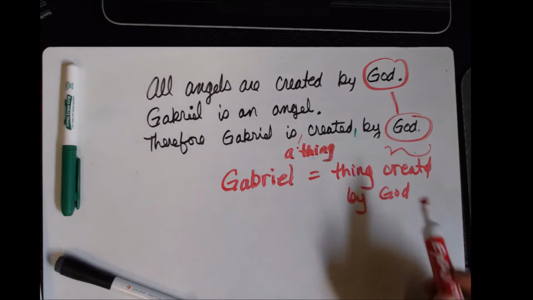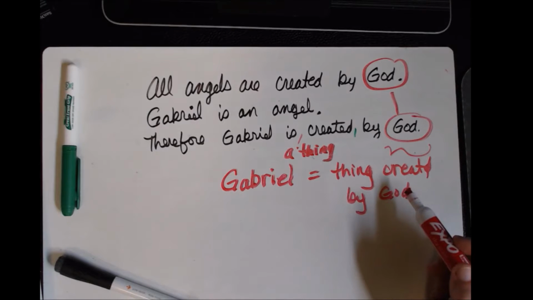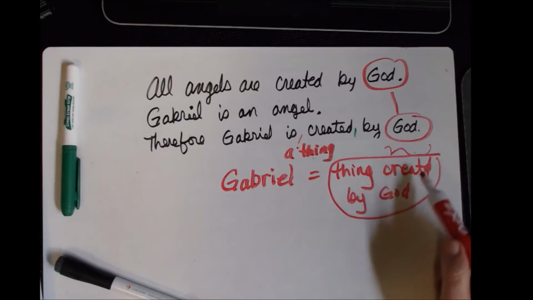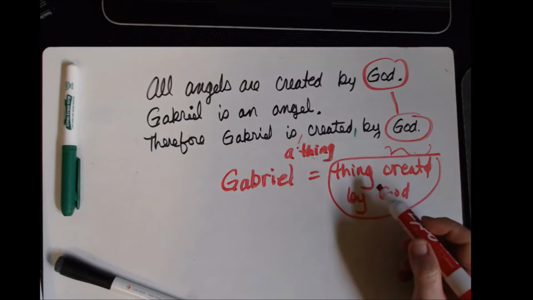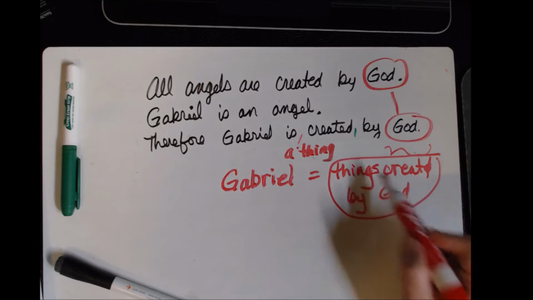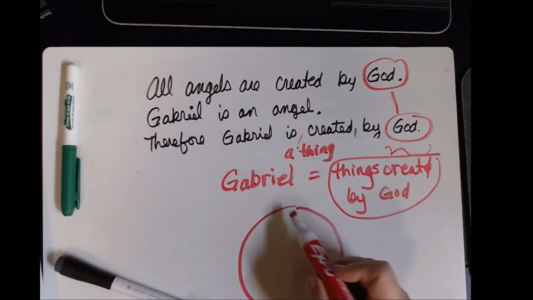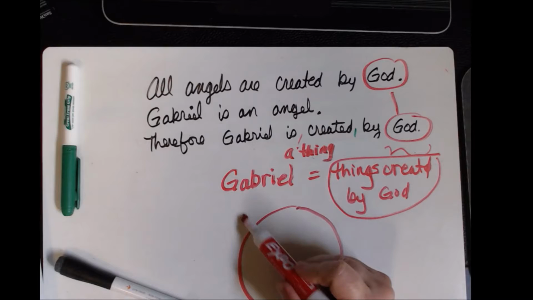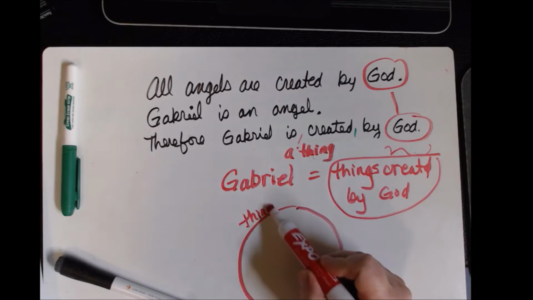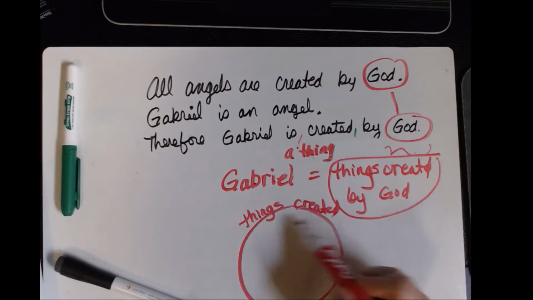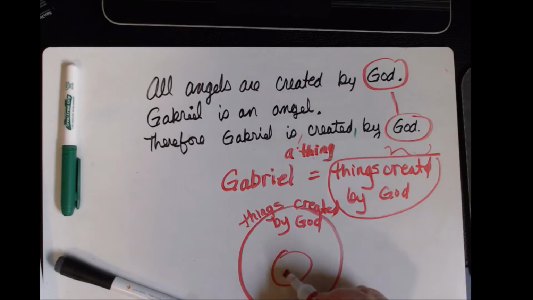So what would my major term be in this case? This is actually my major term here. It's not God, it's thing created by God, or things created by God. It's saying that if you have this full set here of all the things that are created by God, Gabriel is one of those things within that set.